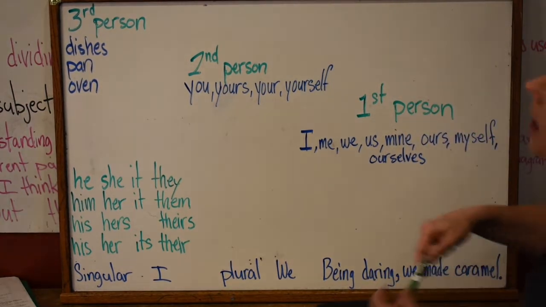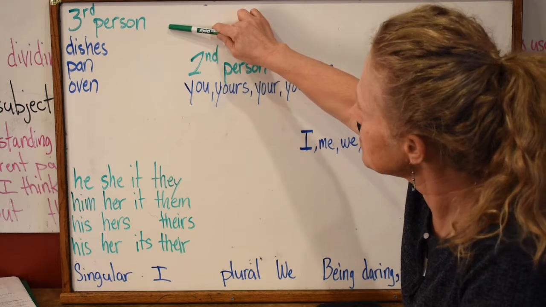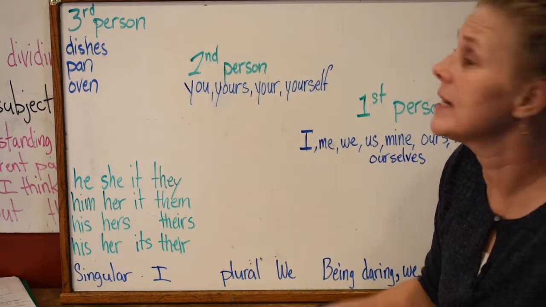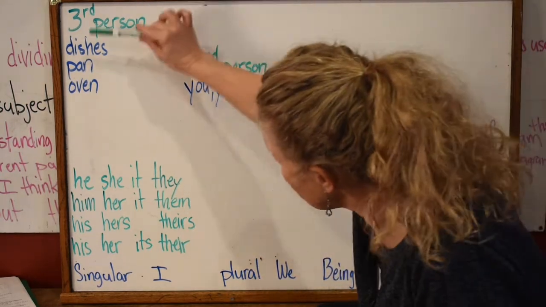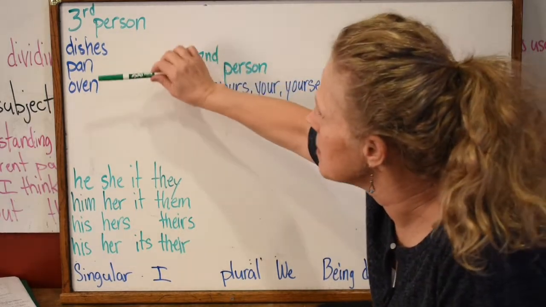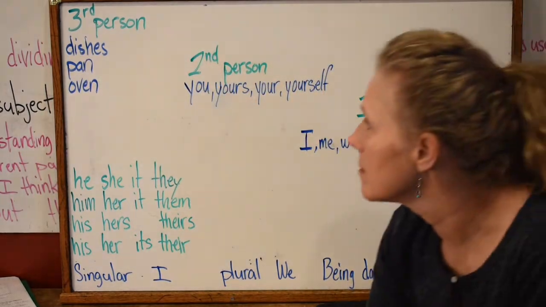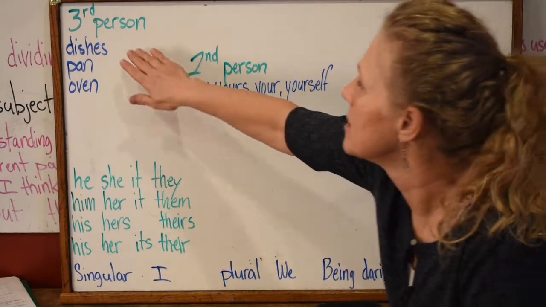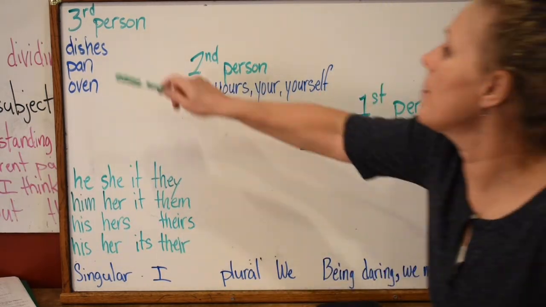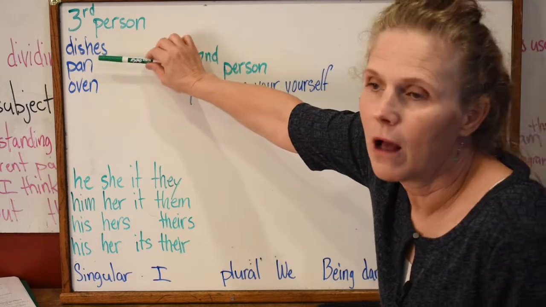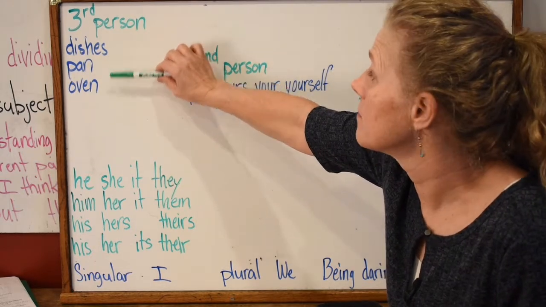All right, so now we have third person. Now, these are examples of a third person. Dishes, pan, oven. So give me some sentences. Now I'm going to say these ones right here are subjects.